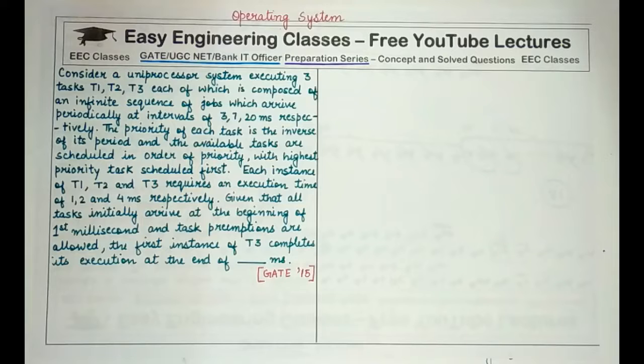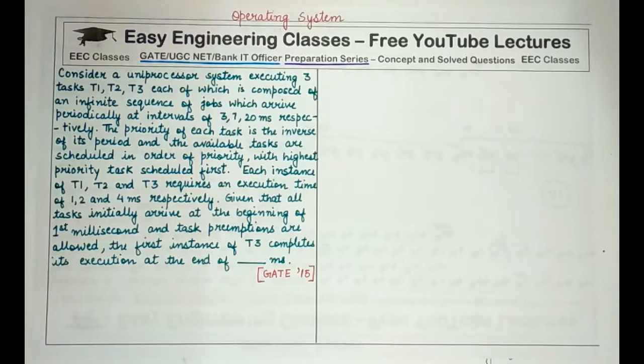Each instance of T1, T2, T3 requires an execution time of 1, 2 and 4 milliseconds respectively. Given that all the tasks initially arrive at the beginning of the first millisecond and task preemptions are allowed, the first instance of T3 completes its execution at the end of dash millisecond.